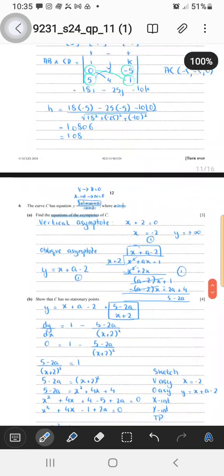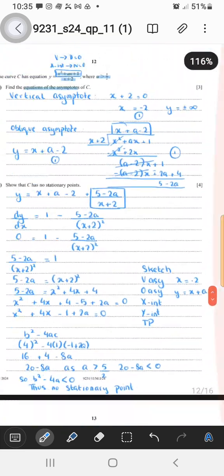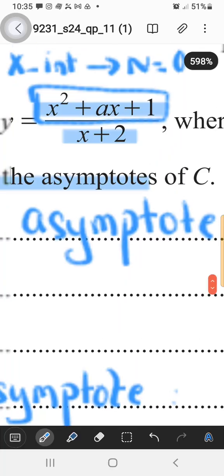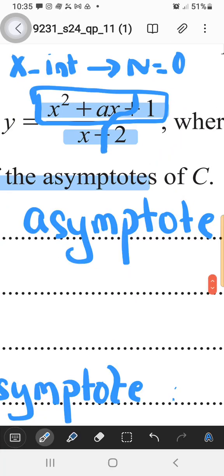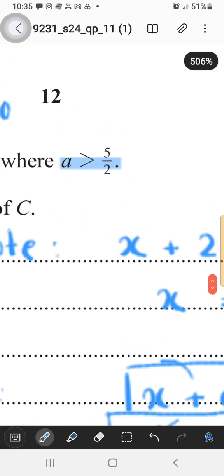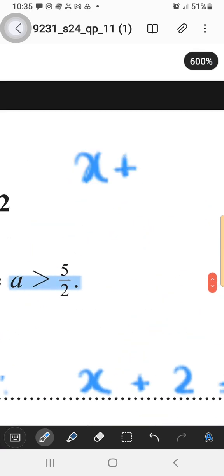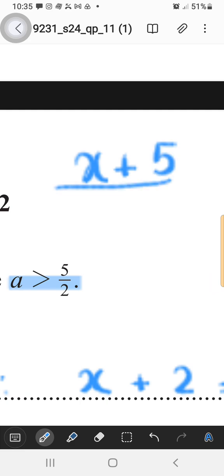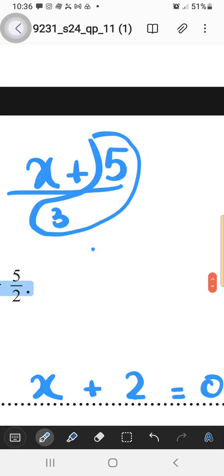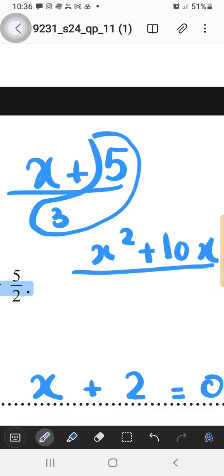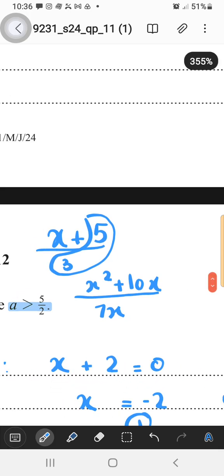And it is also asking for y-intercept. We can get y-intercept by this constant, 1 upon 2. If we have a fraction like x plus 5 upon 3, here the y-intercept is 5 upon 3. If we have x square plus 10x over 7x, there is y-intercept 0.